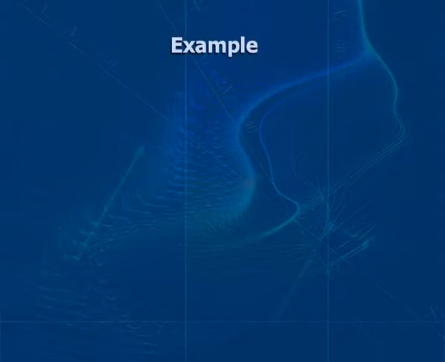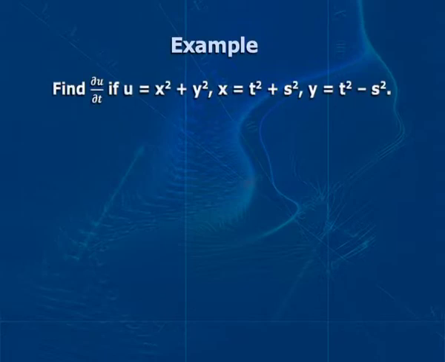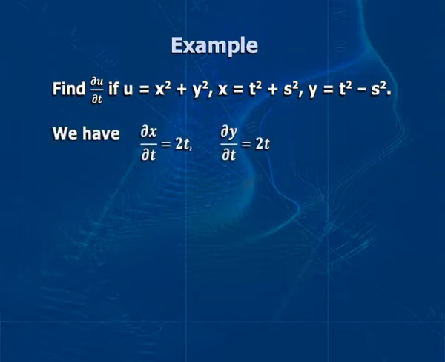Let us see an example. Find del u over del t if u is equal to x square plus y square, x equal to t square plus s square, y is equal to t square minus s square. We have del x over del t is equal to 2t, del y over del t is equal to 2t, ux equal to 2x, uy is equal to 2y.